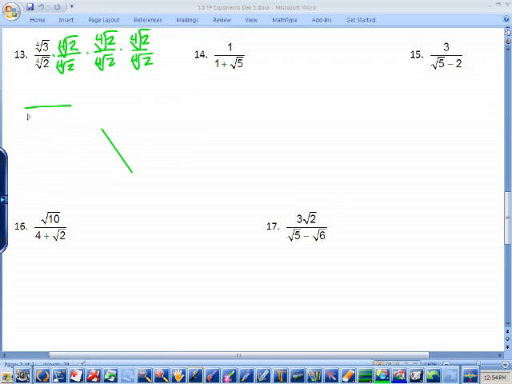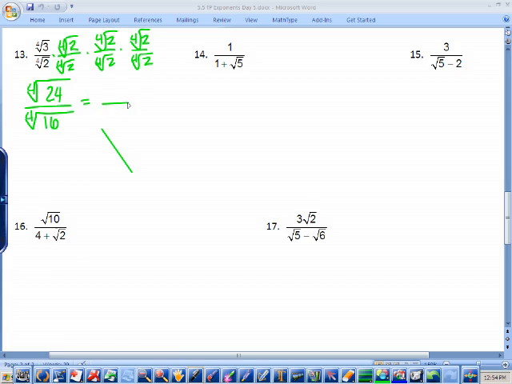So in the denominator, I end up with the 4th root of 2 times 2 times 2 times 2, which is 16. And in the numerator, I end up with 3 times 2, which is 6, times 2 is 12, times 2 is 24.